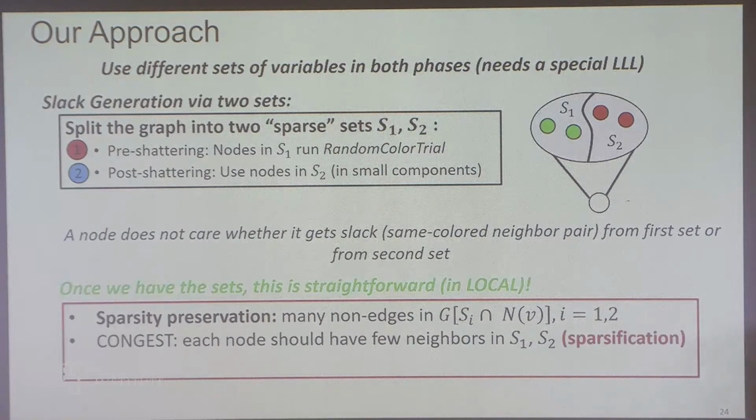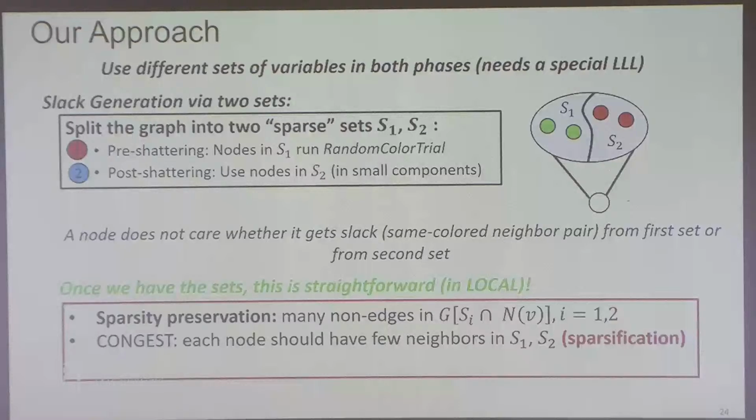And another one, even though it's in the title of the talk, I don't even have a slide on this here, is that in CONGEST, we also want each node to have few neighbors in these sets. So we want these sets to have small degree and be much sparser. What's the intuition for why we need this? We mainly need it in this post-shattering phase, and as we've already seen, an event depends on its two-hop neighborhood.